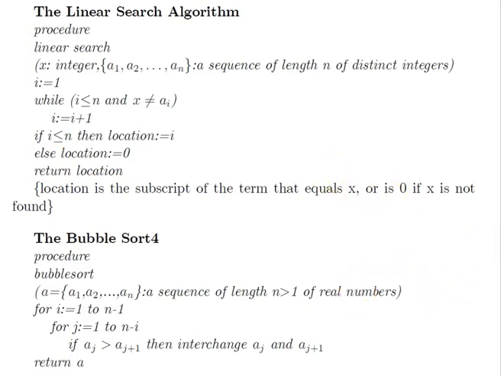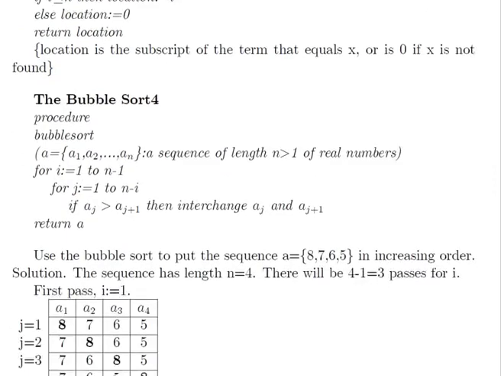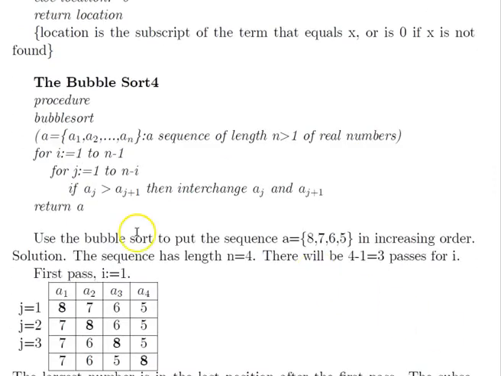In the next example, we have a bubble sort algorithm. The input is a sequence of length n greater than 1 of real numbers, and the bubble sort consists of two loops.